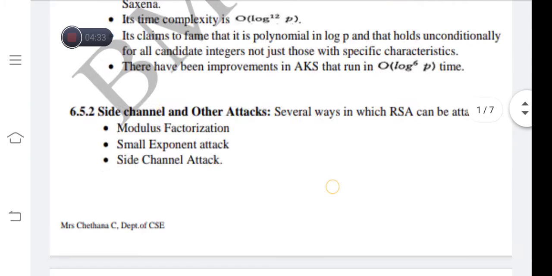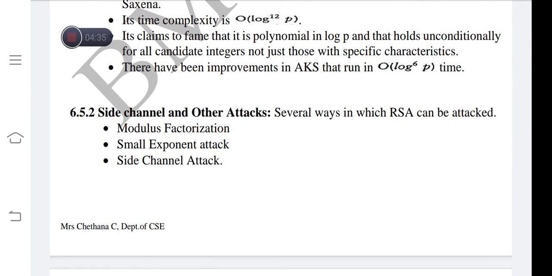Next we will discuss the various types of attacks which can be done on the RSA algorithm. The first is modulus factorization, the second is the small exponent attack, the third is the side channel attack.